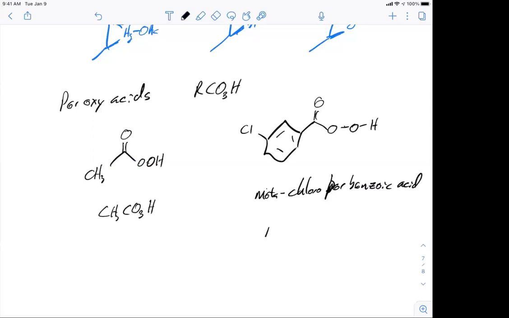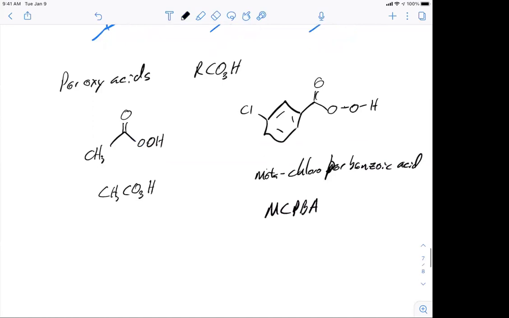Right, and this is known as mCPBA, right? And you'll actually see that sometimes, where the m for meta is often in italics and small. Okay, so these will be the main ones you see. What you're watching for is the peroxy acid portion, which is that. Of course, with the mCPBA, it doesn't show it, but in most of the cases, it'll show the CO3.